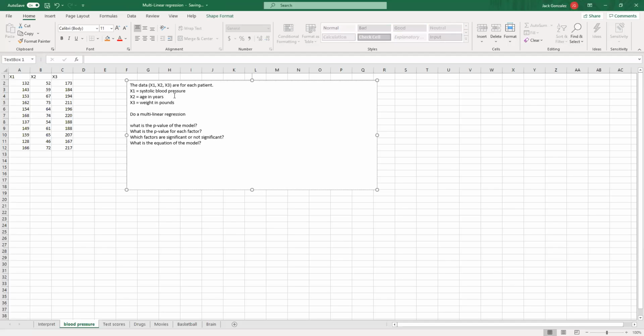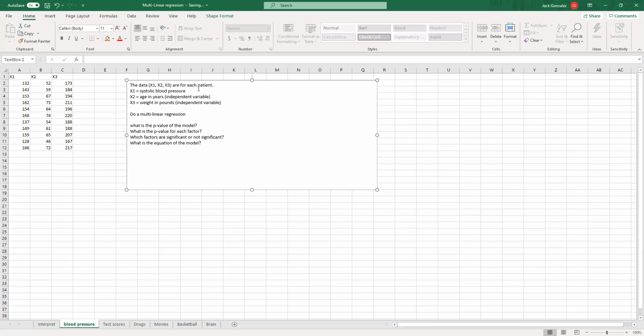So when you get older, blood pressure should be affected by age. So this is going to be one of the independents. This one over here is the weight. Weight also affects pressure, so that will also be independent.